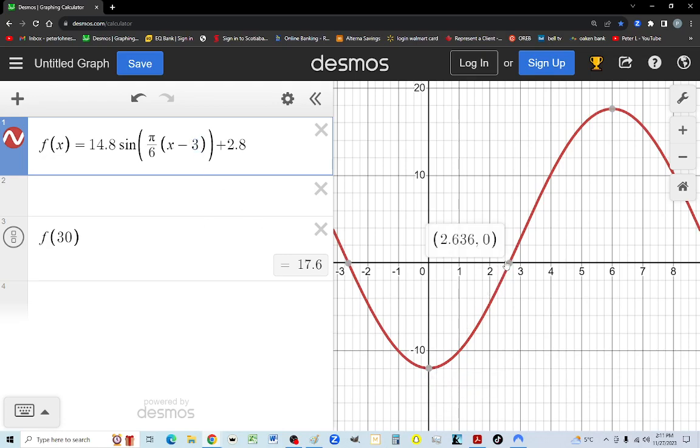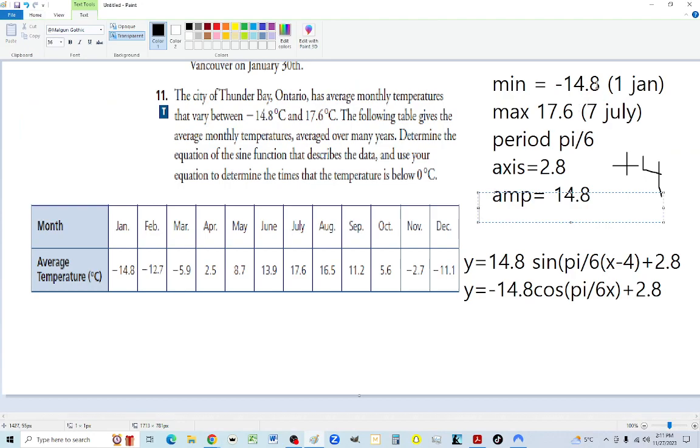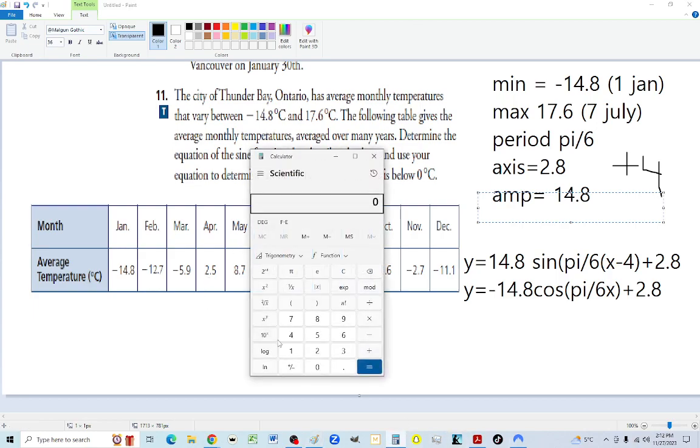So there we go. And that will make January 1st our lowest month, but I can see there's another problem here because that's not the lowest of the month. So I did some calculation error somewhere. So if our lowest is minus 14.8 and that is our highest, I need to average the two max and mins.